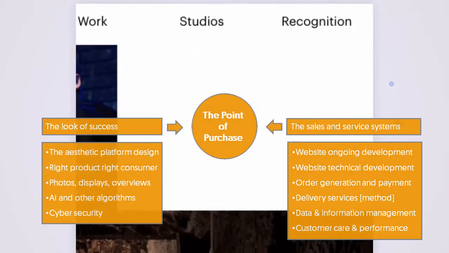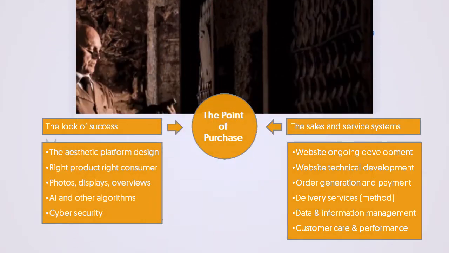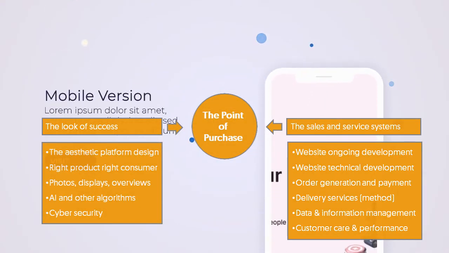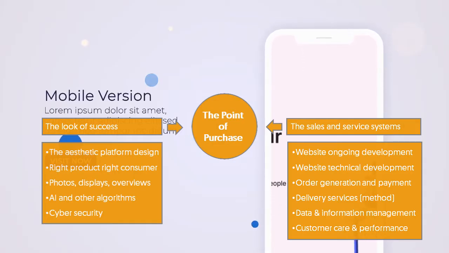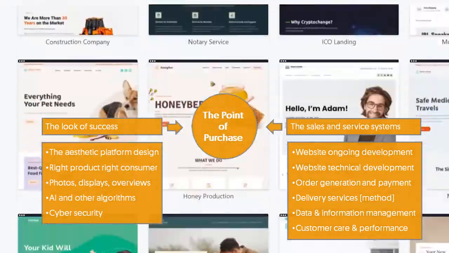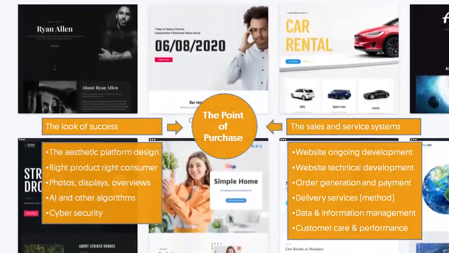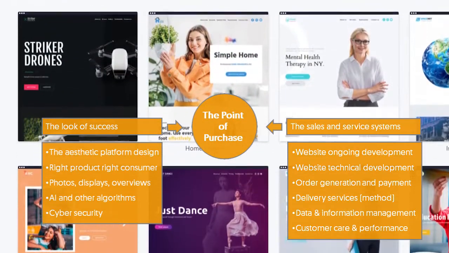Let us look at how to define Look of Success for a user platform. Photos, displays, messages, and overviews are all part of the aesthetic user platform design. The interface providing inventory status is commonly shown on the user platform.